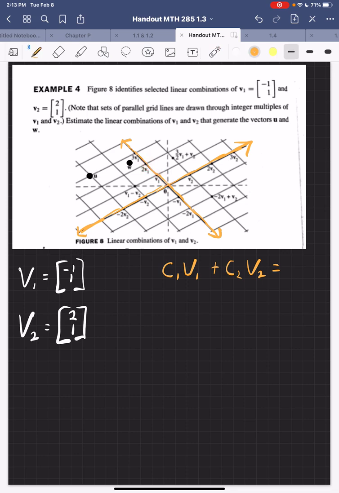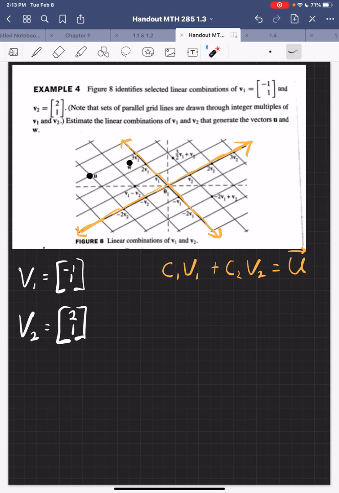Now, what do we want? Well, we want to be able to reach vector u through some linear combination of v sub 1 and v sub 2.